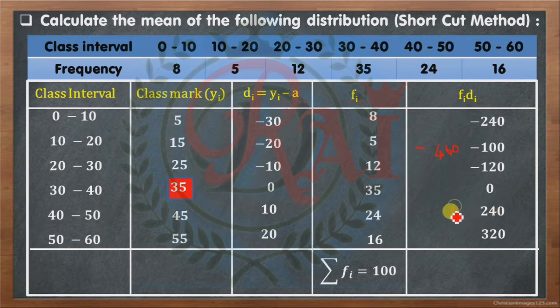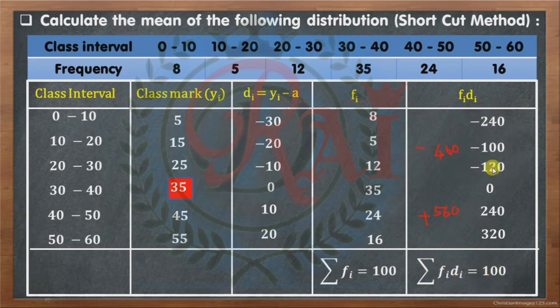So when I add this, it's 0, 4, 5, 6, 3, 4, 5, so it's a positive 560. So 560 minus 460 is equal to 100. So summations of fi di is equal to 100.